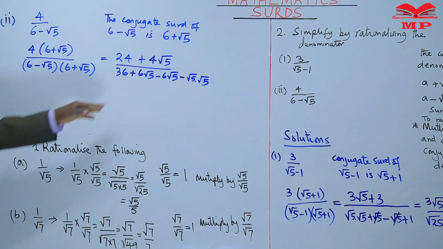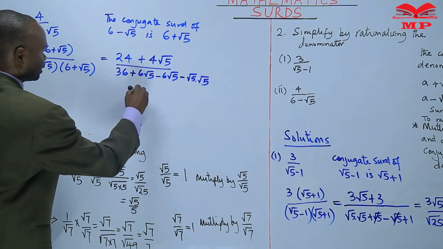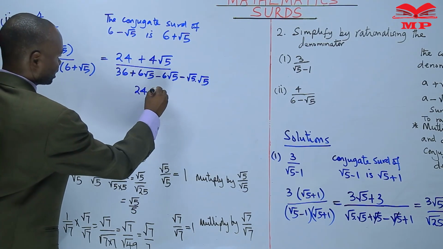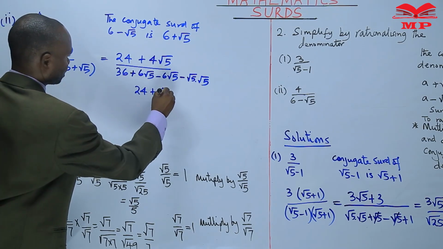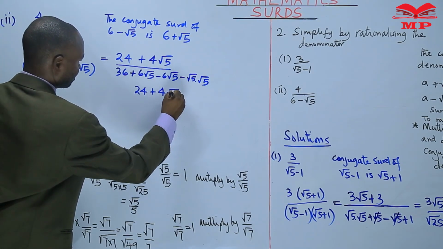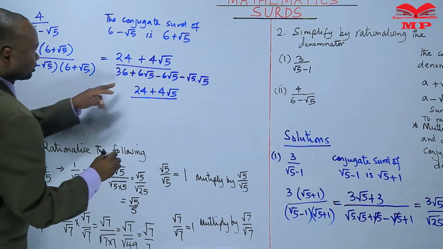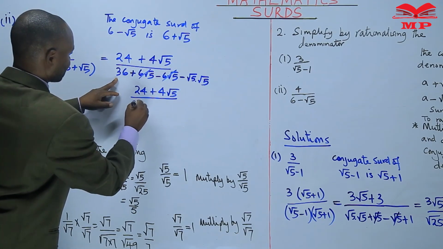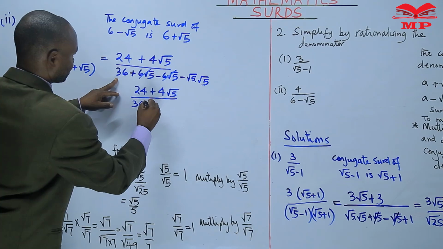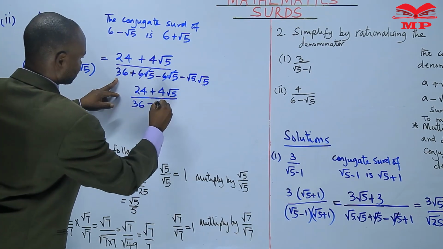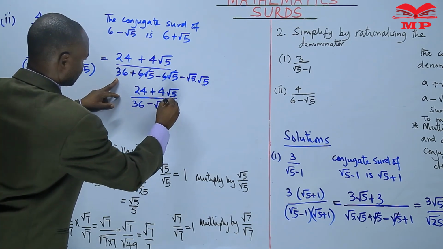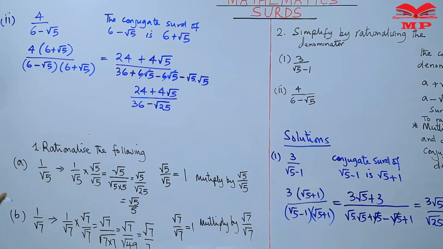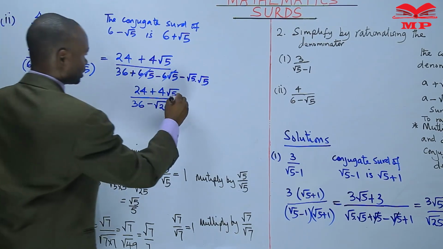Let's simplify. The numerator remains the same: 24 plus 4 square root of 5. In the denominator, this and this cancel, plus 36 minus square root of 25. Square root of 5 times square root of 5 is square root of 25.